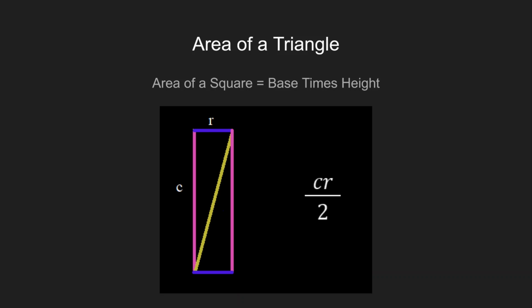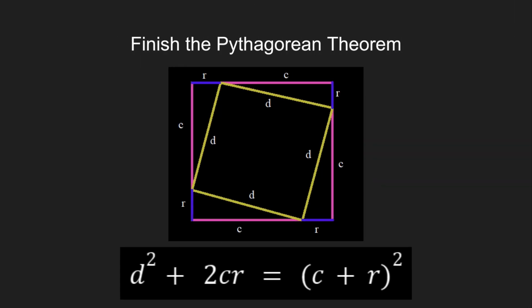And we know the area of a triangle is base times height over 2. With this area of the triangle formula, we know that these 4 triangles each have area C times R over 2. So that means the area of all 4 of the triangles together is 2CR.